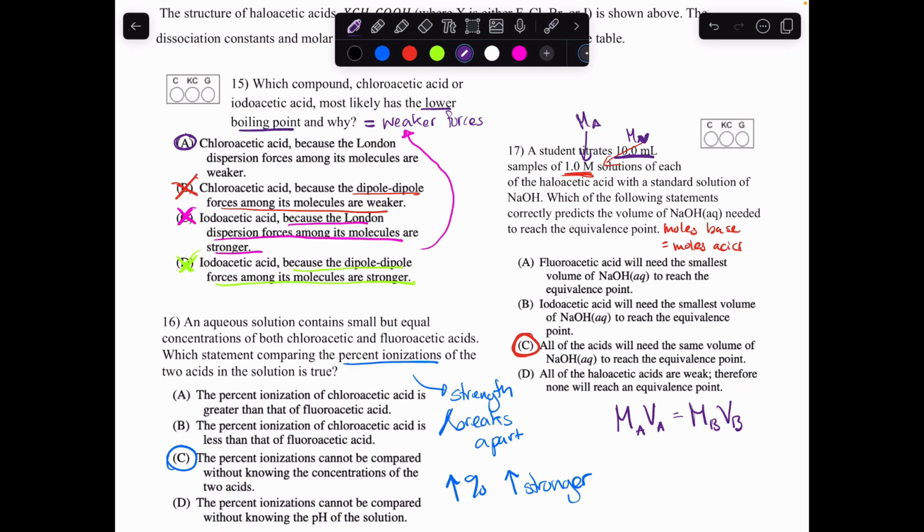And then the concentration of base, this would be the same. All right, so if these are the same, then every time the volume of base will be the same. Hope that helps. Come see me if you have any more questions.